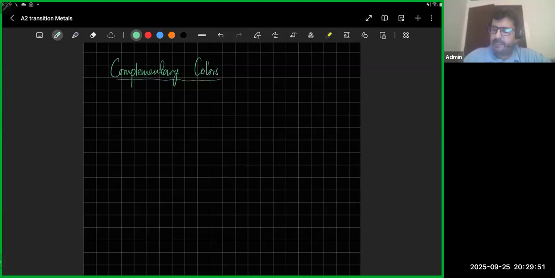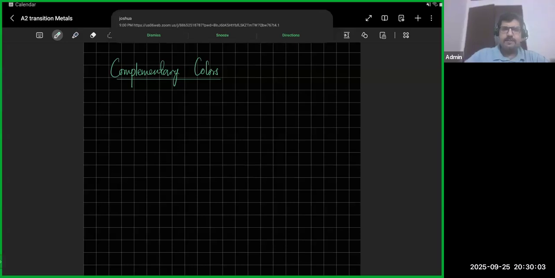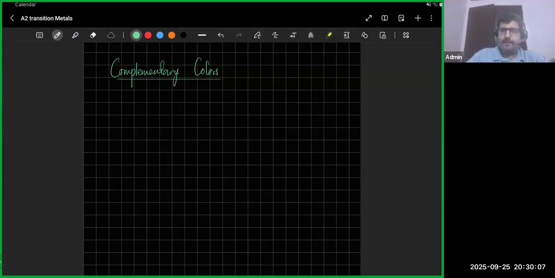So based on the frequency that it's going to absorb, basically I would need to know the visible spectrum, right? What are the frequencies? The visible range is 400 to 700 nanometers. I mean, that's the wavelength.